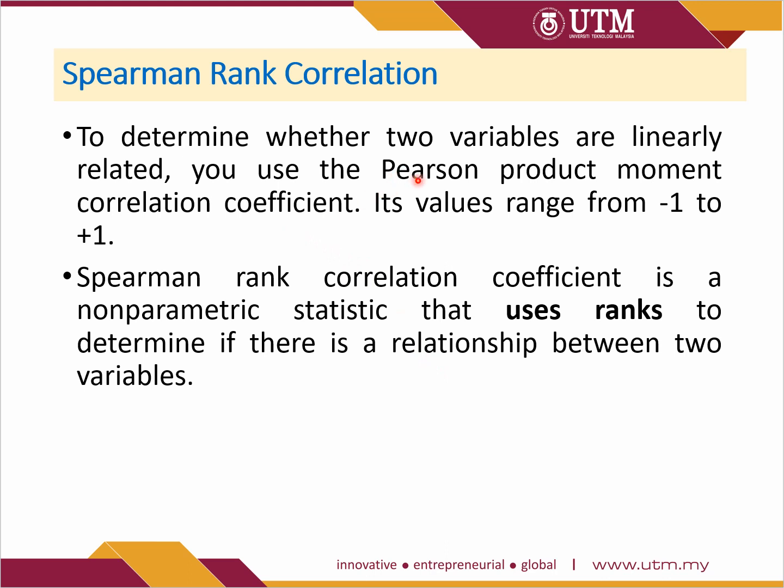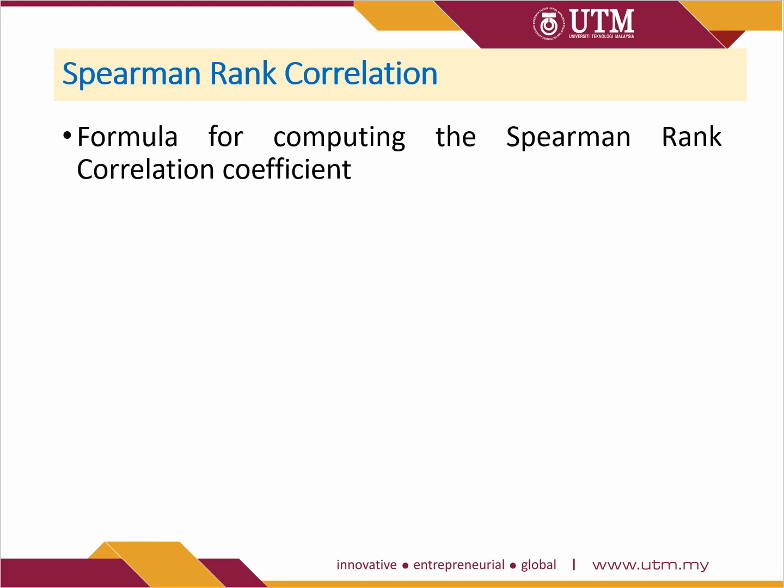For the Pearson, we can just directly find the value of x, xx, xy, and so on, to find the coefficient. But for the Spearman, we use rank to determine if there is a relationship between the two variables.